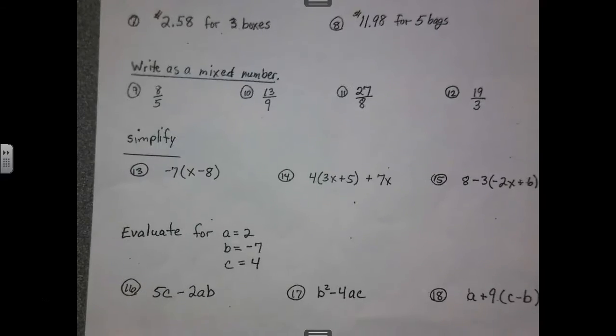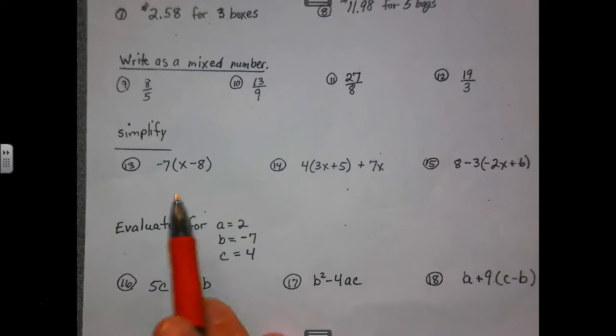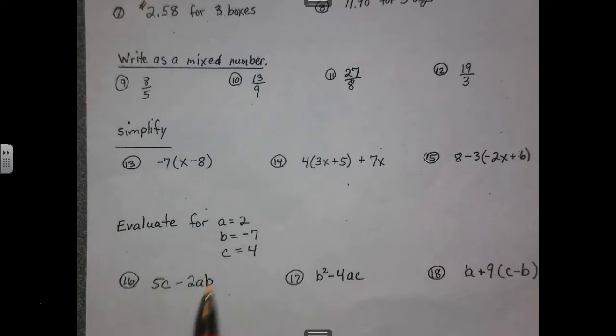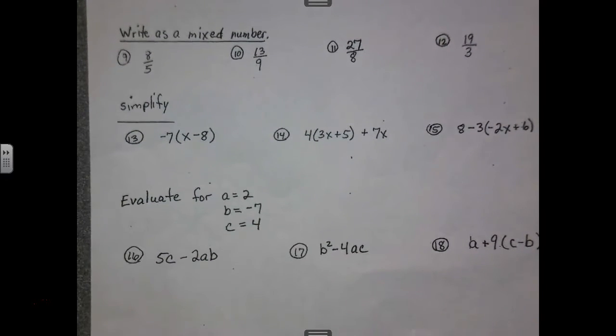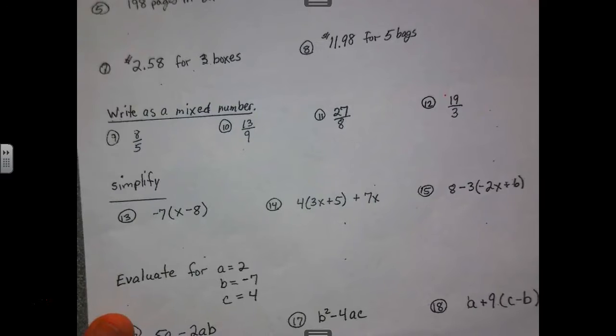10, 11, and 12, I think, are there to test your memory. Make a fraction into a mixed number. I think you can do that. And then 13 through 15 is distributive property, and 16 through 18 is evaluation. 9 through 12, you're figuring out how to do that.